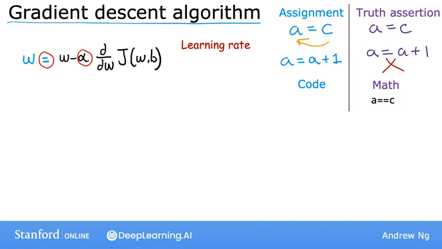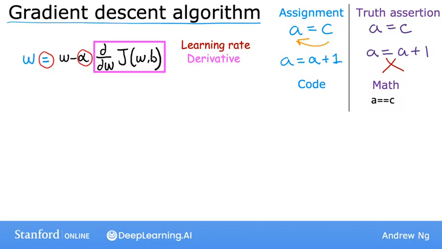And finally, this term here, that's the derivative term of the cost function J. Let's not worry about the details of this derivative right now, but later on you get to see more about the derivative term. But for now, you can think of this derivative term that I drew a magenta box around as telling you in which direction you want to take your baby step, and in combination with the learning rate alpha, it also determines the size of the steps you want to take downhill.